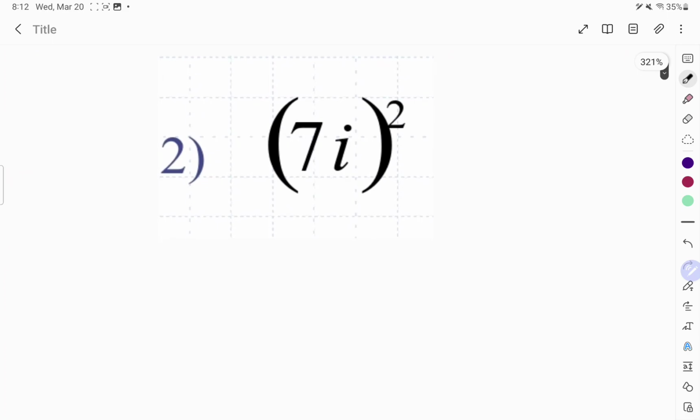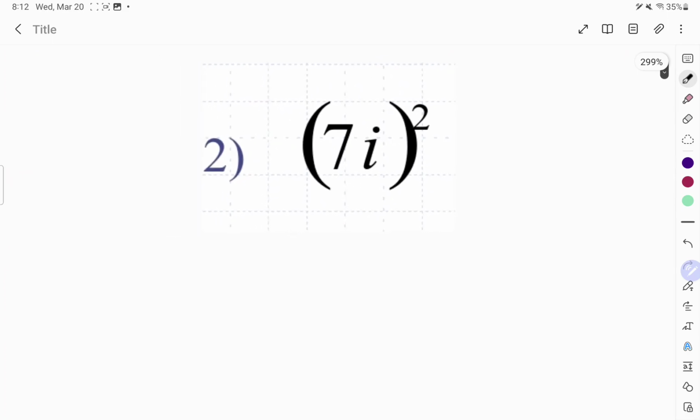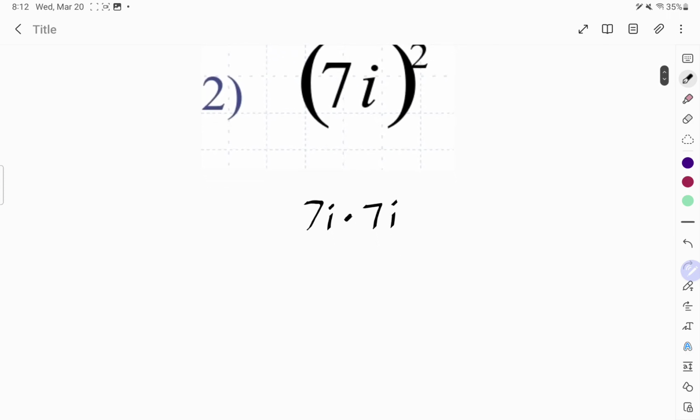Now this one might look tricky, but it really isn't. So we just write it twice. This one we're going to start with 7i times 7i, because that's 7i squared. Again, we're going to multiply the numbers first. So it's going to be 7 times 7, which gets me 49. Now over here, we're going to have i times i, which is going to give me i squared.